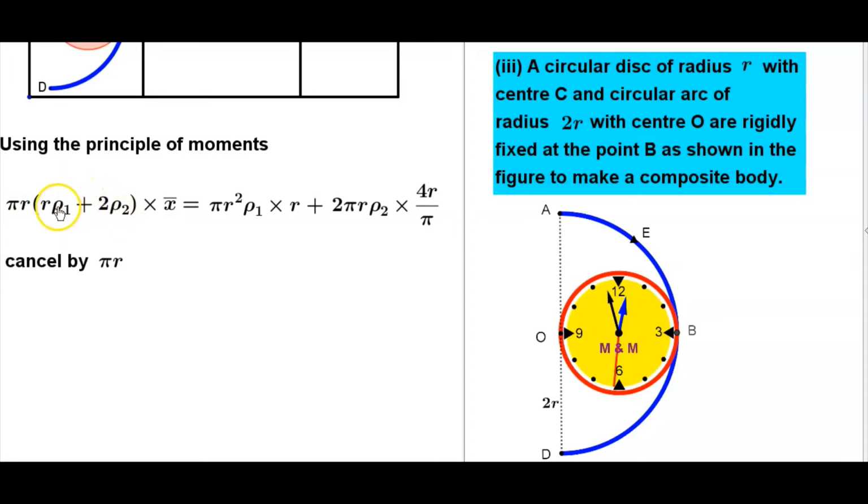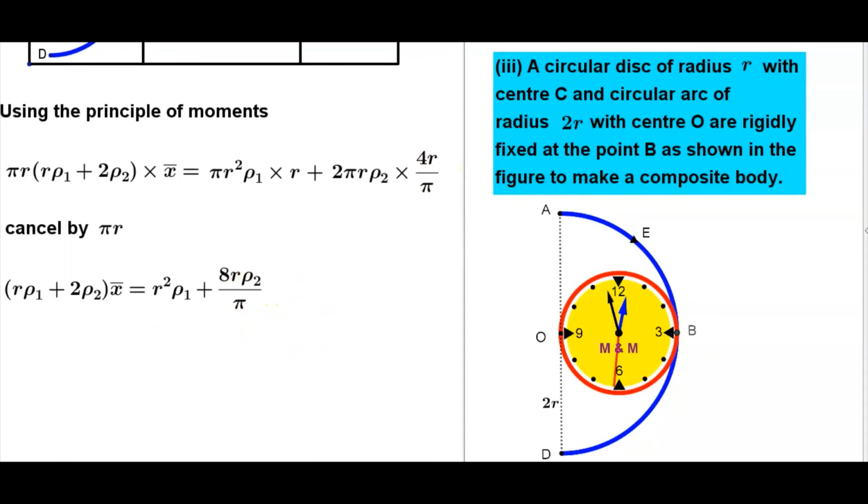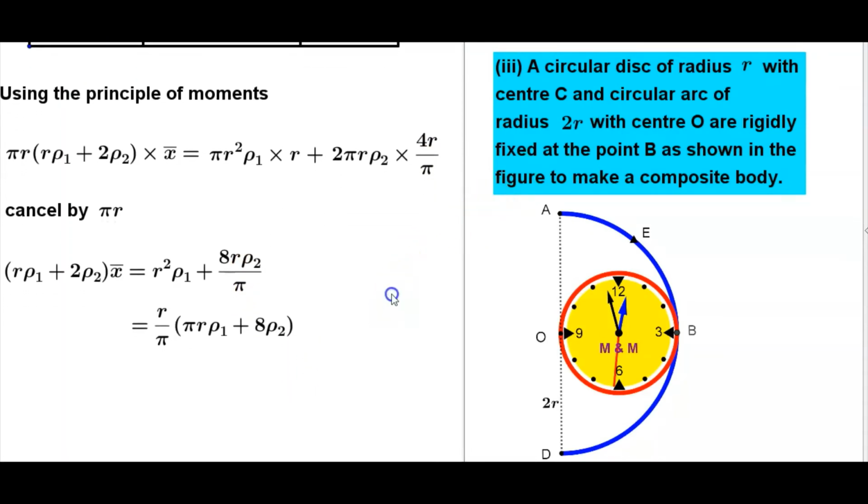Therefore the left hand side is left with (r rho 1 plus 2 rho 2) into x bar, which is equal to the right hand side. Pi r cancels. Therefore, r squared rho 1 plus 2 into 4, 8 r rho 2 over pi. r over pi is the common factor. Within brackets: pi r rho 1 plus 8 rho 2.